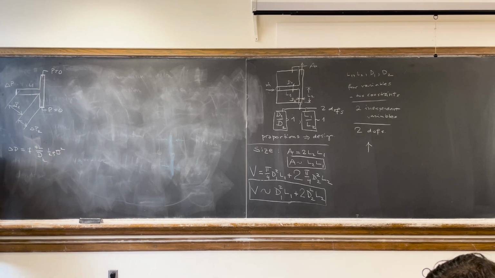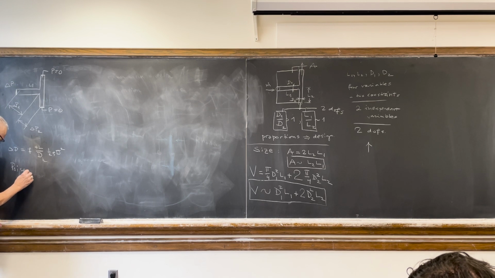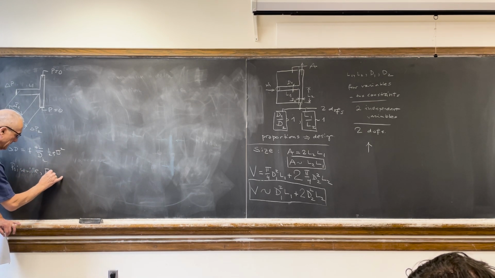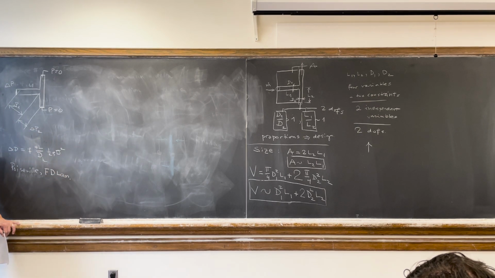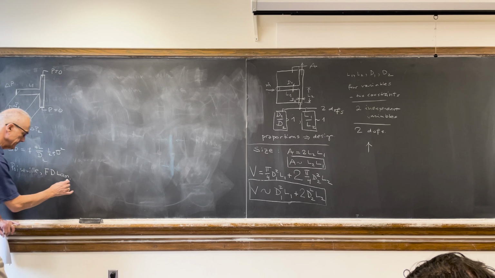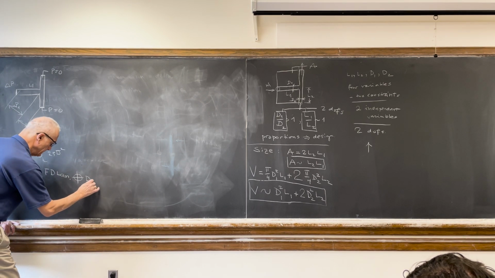We've been through this song and dance before. We start again with the simplest, which is Poiseuille flow, which means fully developed laminar, and in a round tube called D1 or D2.